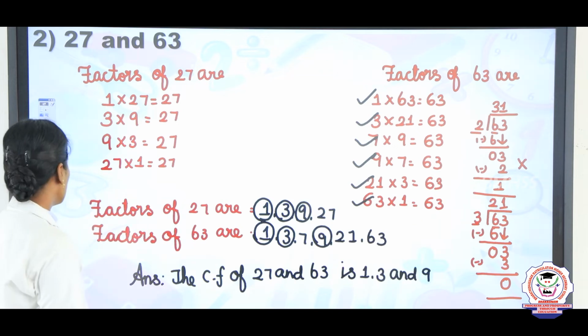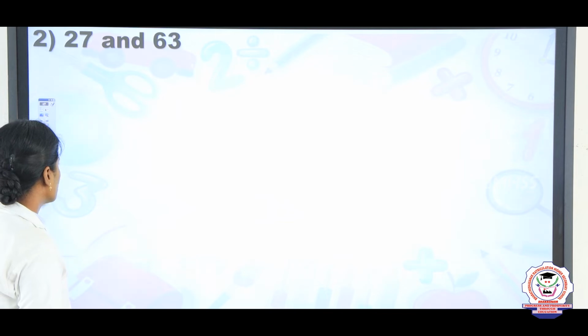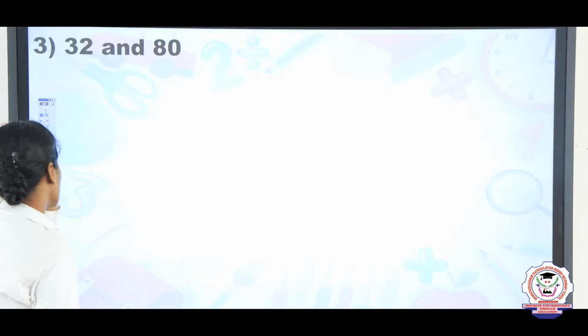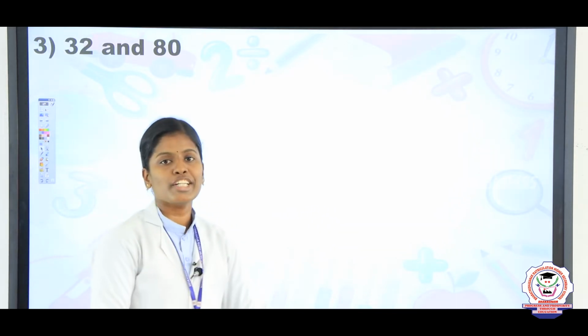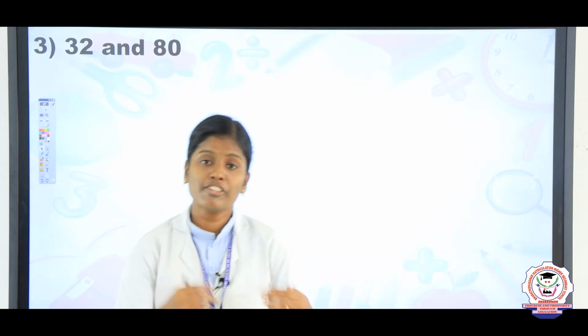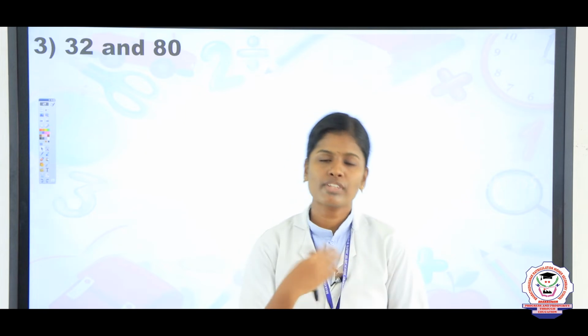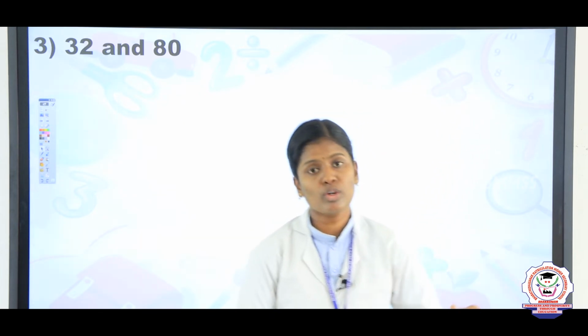Listen here. So our final question is 32 and then 80. So as usual we should find the factors of 32 and then the factors of 80. First we are going to check the 1 table up to 32 table. Likewise, for 80 we check the 1 table up to 80 table.